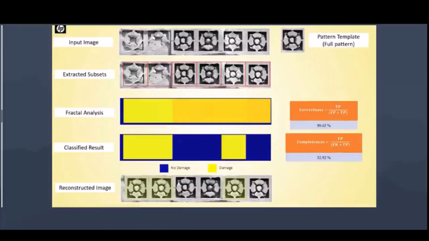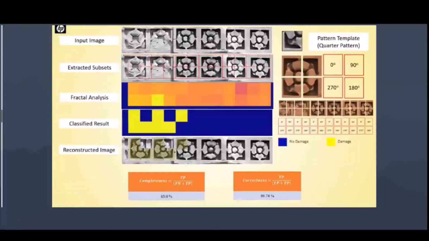Here what we have done is, in the previous one, the same pattern is there, but the elemental area was the complete flower. Now, because there is a lot of symmetry in the pattern, we have taken one quarter of that area and tried to rotate it and find out which areas are damaged and undamaged.